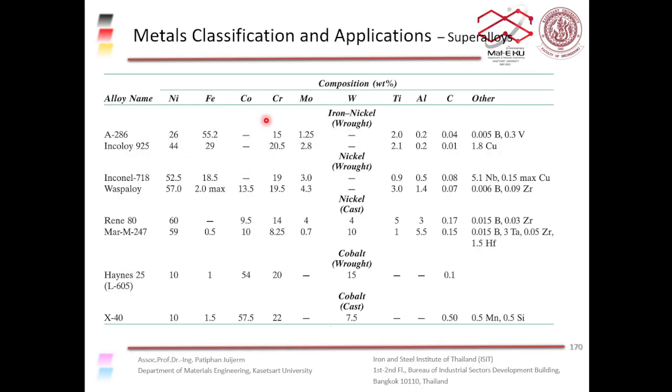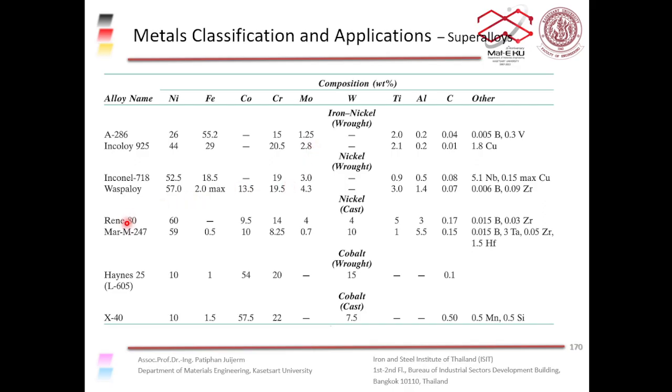For example, with iron nickel base, you have mostly iron and nickel. You add in a little bit of molybdenum and you add chromium and titanium. For Incoloy as well, you have mostly nickel and iron, with chromium, a bit of titanium and molybdenum.